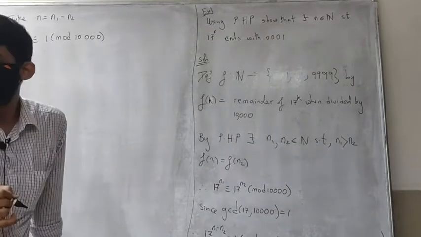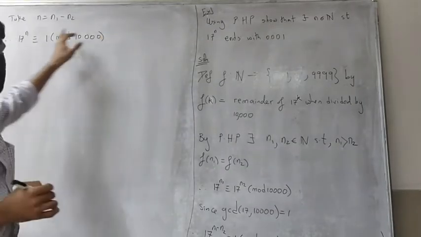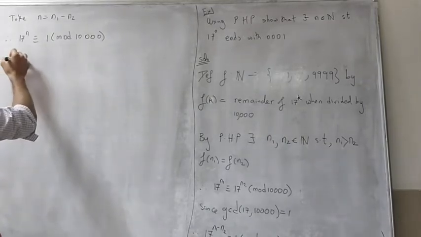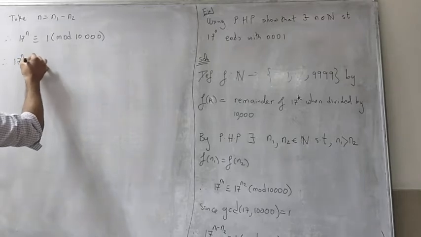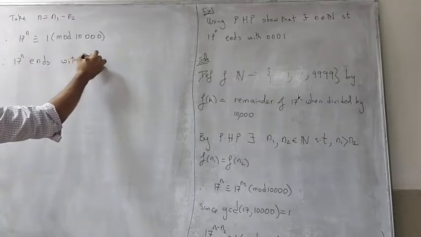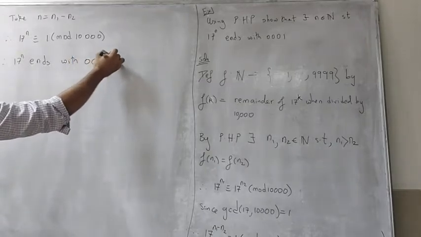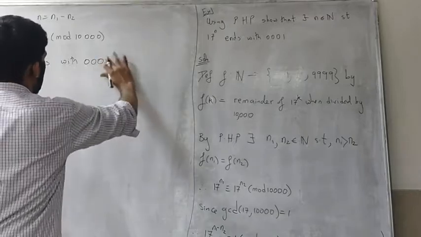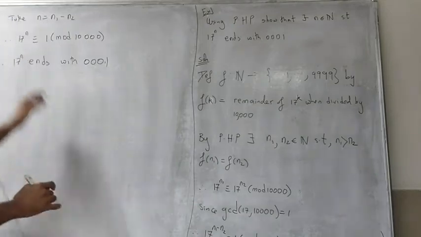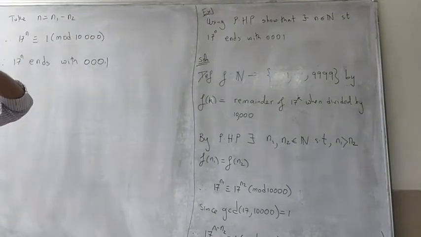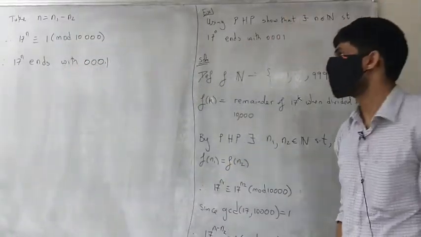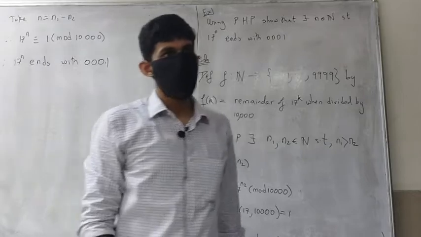The remainder of 17 raised to n is 1 when divided by 10,000, and therefore that tells us that 17 raised to n ends with 0, 0, 0, 1. Right? That's what it tells us, because when I subtract, it is congruent to 0 modulo 10,000. So when I add it, it will go in the units place. That's exactly what it tells us. So this is how you can prove it.